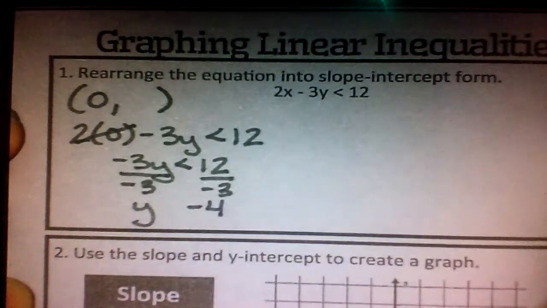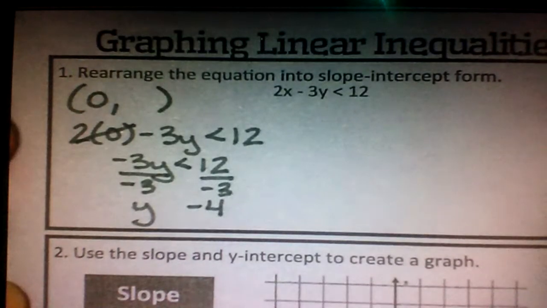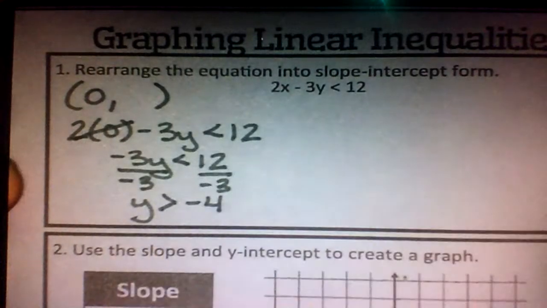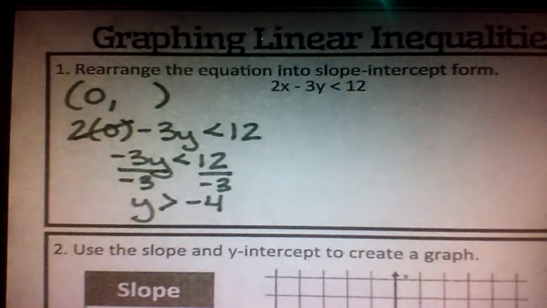And what did you say, Daniel? Was it Daniel? Oh, sorry, Miss Ayel. We change the sign. You're dividing by a negative number. You only switch the sign when you divide by a negative. So if I was dividing by positive 3, the sign would have stayed.